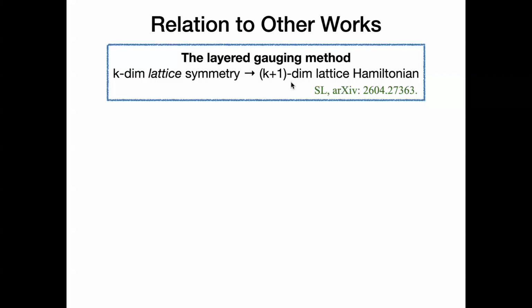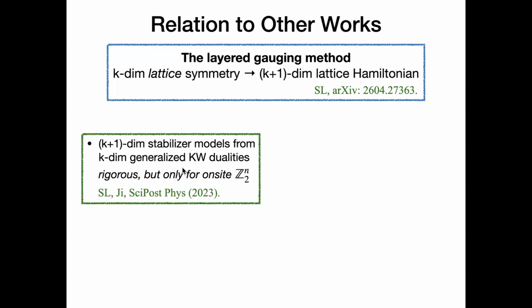Okay. Now, near the end of this talk, let me quickly mention some other related papers. As I said, in this work, we developed a method that can generate k plus one dimensional lattice topological order from k-dimensional lattice symmetry. But this is not the first method that can do this type of thing.